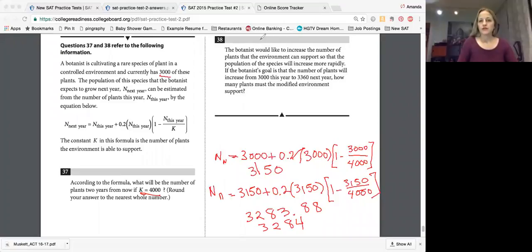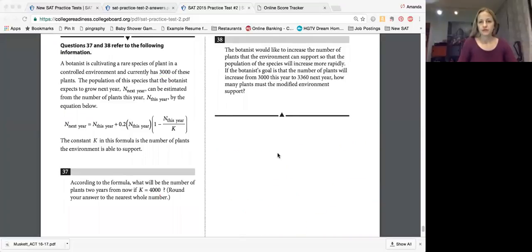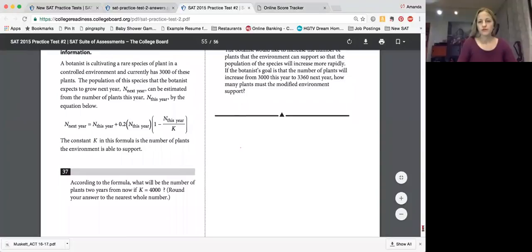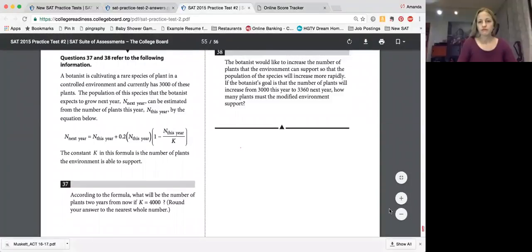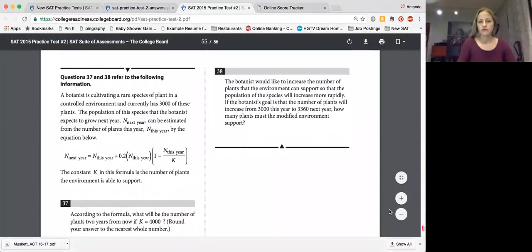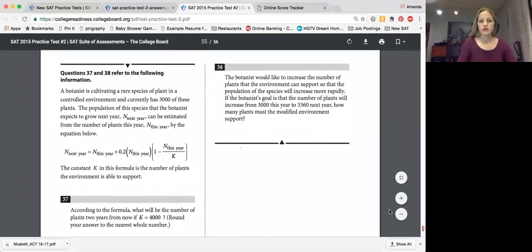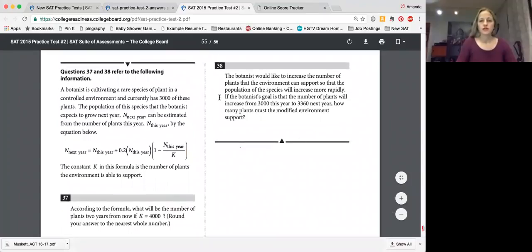So now let's take a look at 38. So now, same formula that we're using, right?